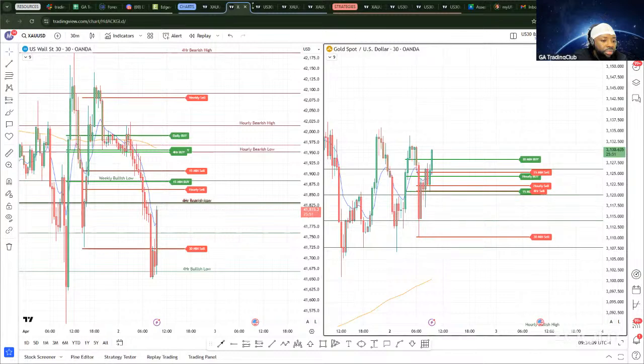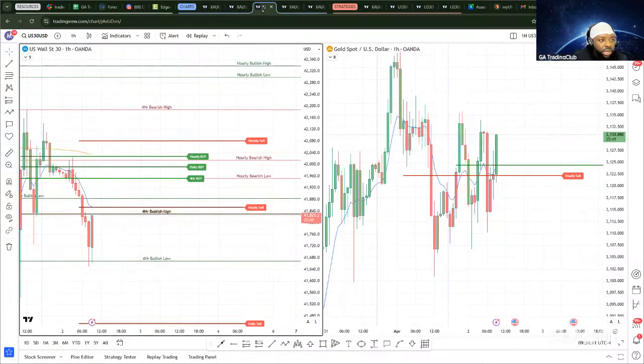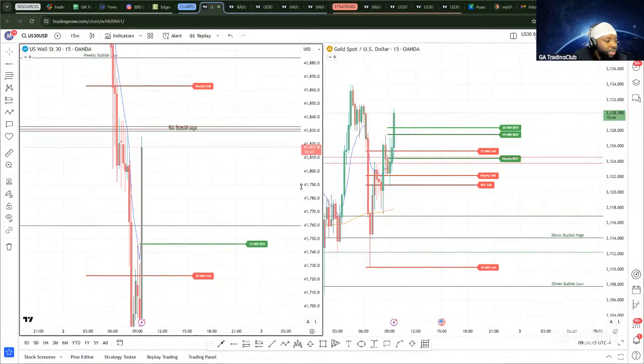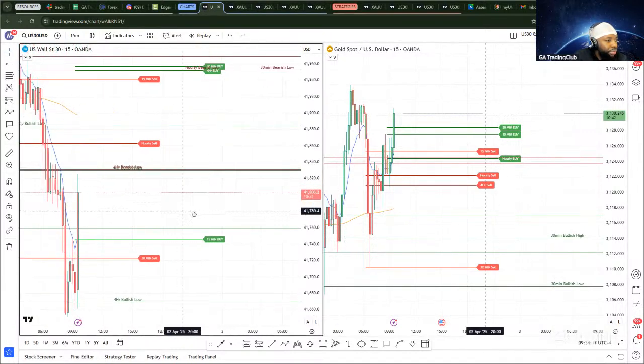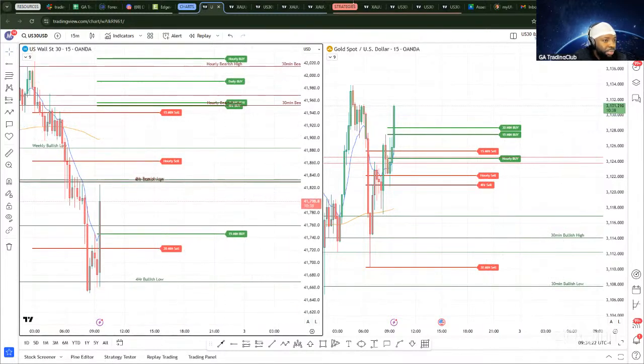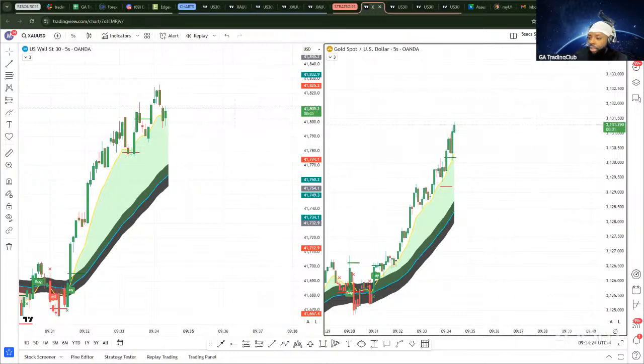Let's see if maybe something else prints on the other time frames, but I'm hoping we get a print for US 30 somewhere above here. So maybe if US30 comes to 41,960 probably, but we'll see.